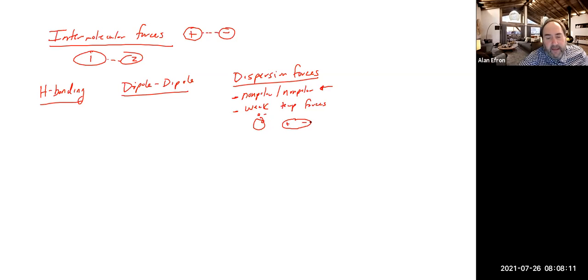That affects another nonpolar molecule near it, giving it a temporary distribution of charge too, and now they have a way to interact with each other. These are weak and temporary, as the electrons could shift back. Obviously, these interactions would break and new interactions would be made, and again it's a weak interaction because of that.